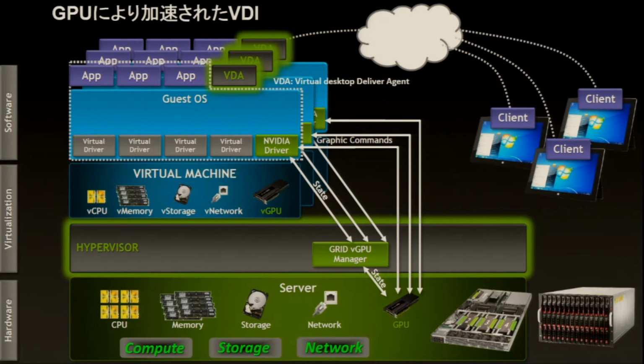The second level of complexity is that you have multiple hypervisors to choose from. NVIDIA has partnered with four hypervisor suppliers, so you have four choices today. And then on top of that, you have different OS choices.